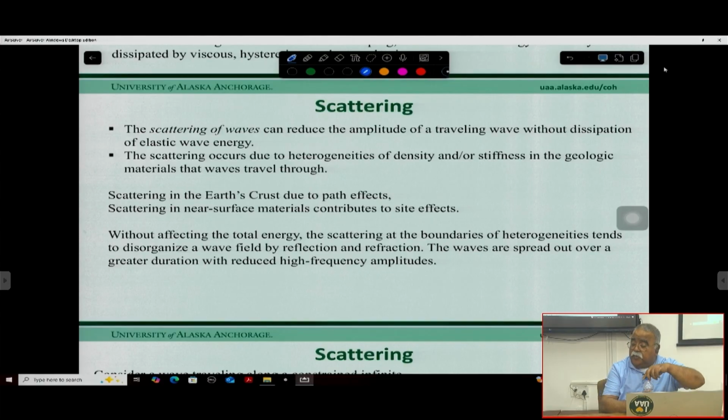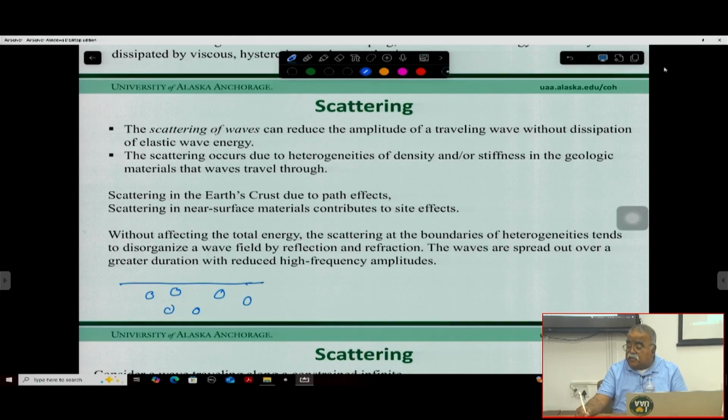Then there is also, in a soil, the wave gets scattered, right? So basically the soil is composed of various scatterers in the medium, right?